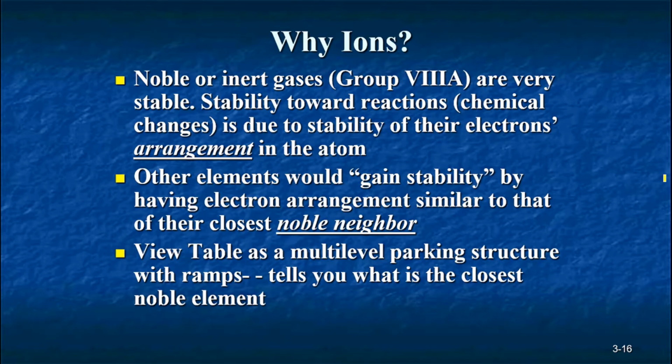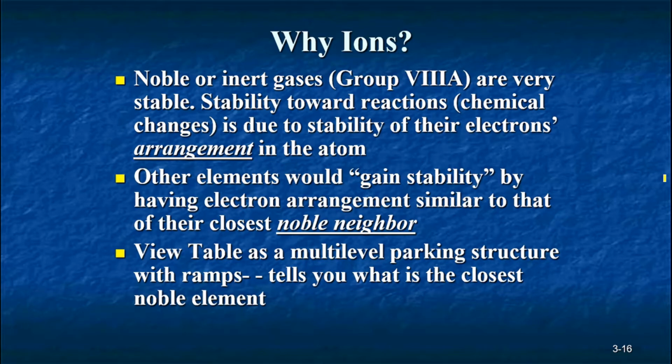When we say stable, it means that they are stable towards chemical reactions, chemical changes. For some reason, the arrangement of the electrons in the atom makes them very stable. And so because of that, these elements do not form ions. They do not form compounds. They stay as monoatomic species. That's single atom, right?